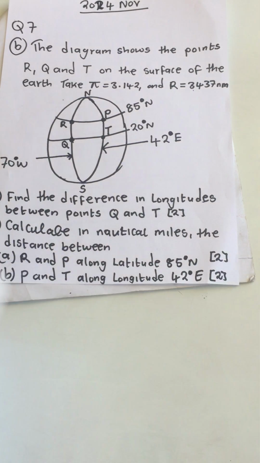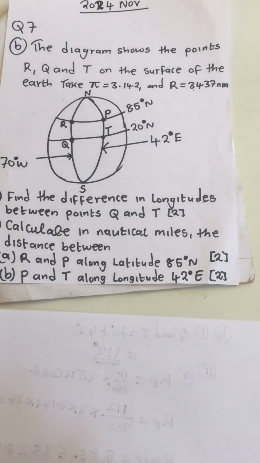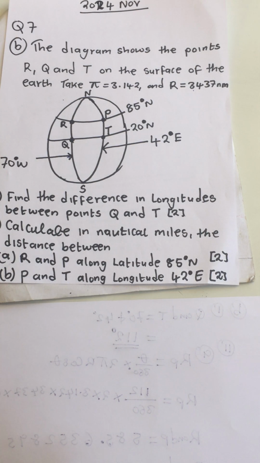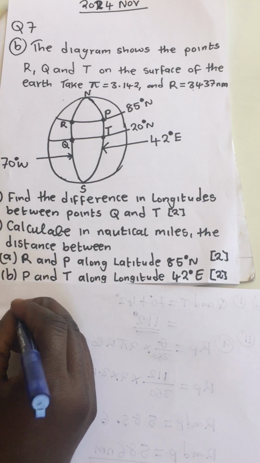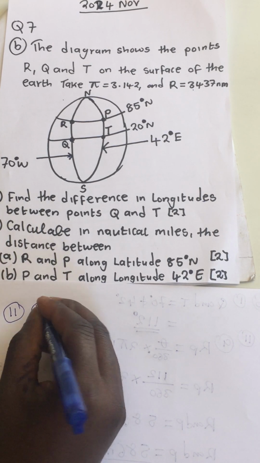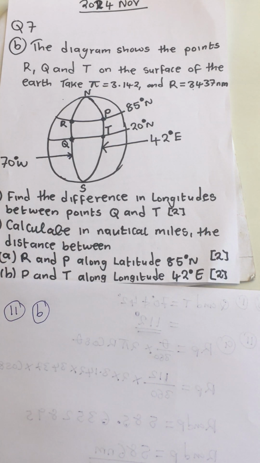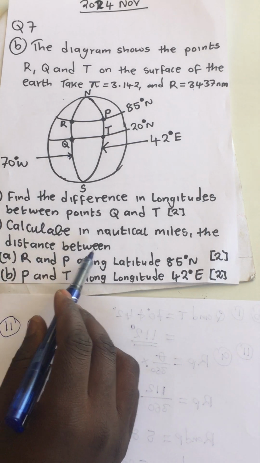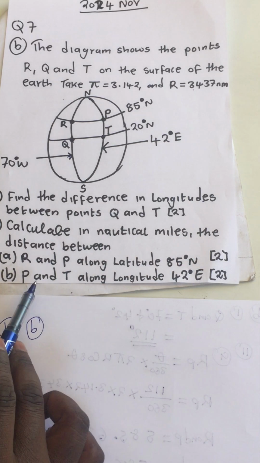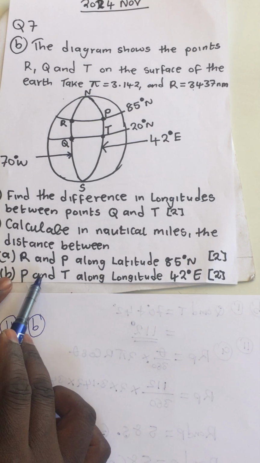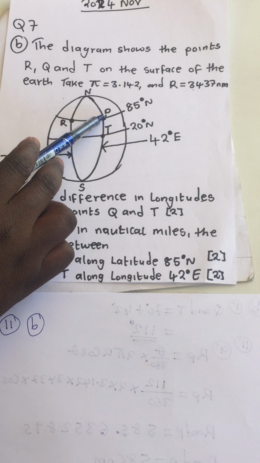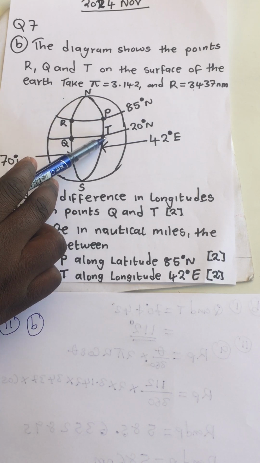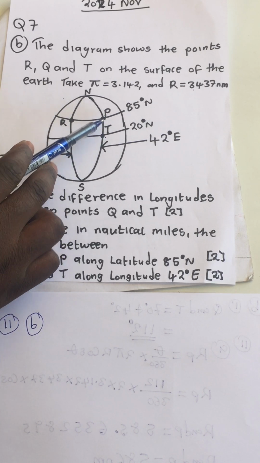You go to the other part, which is C. For this one, question 2b says calculate in nautical miles the distance between P and T. P and T. Distance along what? Longitude. This is distance along longitude.